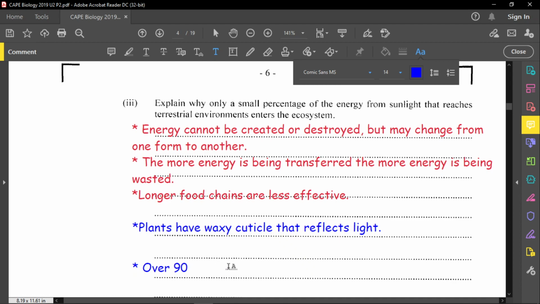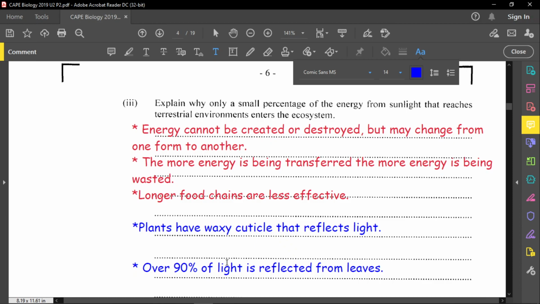So a lot of energy is being reflected from the leaf itself, a great deal of it. All right, so over 90% of light is reflected from leaves. That's very important for us to understand.